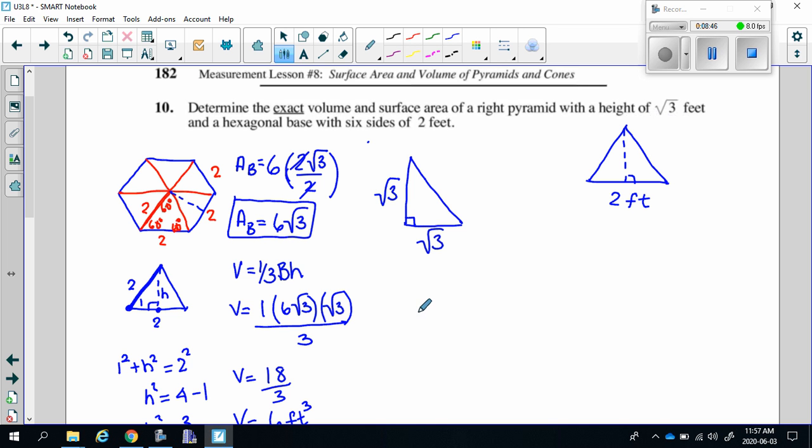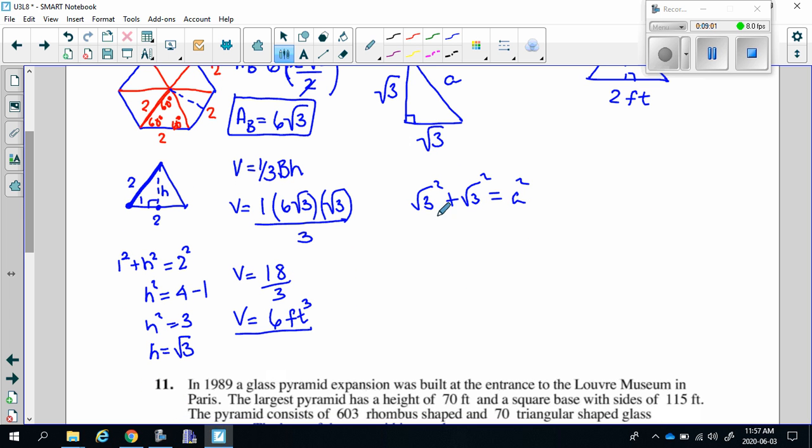Okay, so we're going to have here, again, Pythagorean theorem. So √3 squared plus √3 squared is equal to, I'm going to call this A. Okay, so A squared, altitude. So this is going to be 3 plus 3, which equals A squared. This is going to be 6.